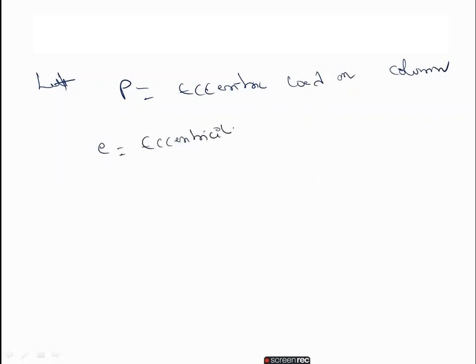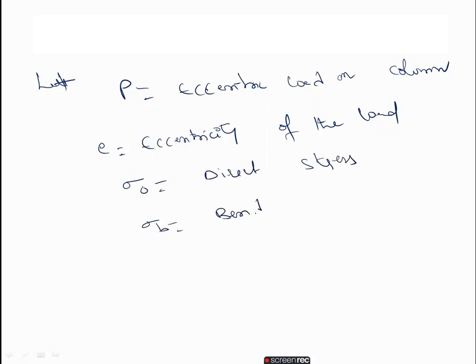First, let P be the eccentric load on the column and E the eccentricity of the load. Sigma naught equals direct stress. Sigma B equals bending stress. B is the width of the column.